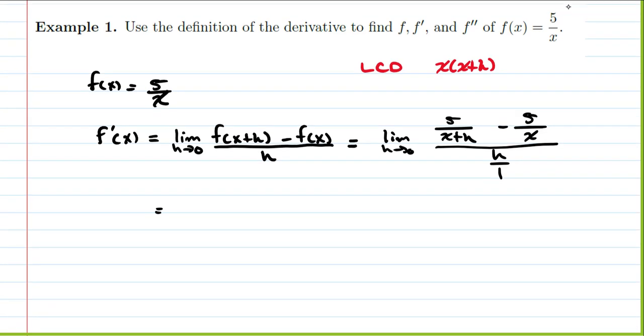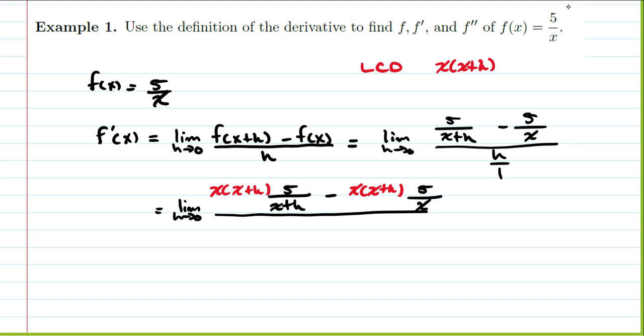So we get the limit as h goes to 0. And we're going to have x times x plus h times 5 over x plus h, minus x times x plus h times 5 over x, the whole thing, and then we have to multiply both the numerator and the denominator, because when I build a fraction I have to do the same thing to both the numerator and denominator of our fraction, times h.